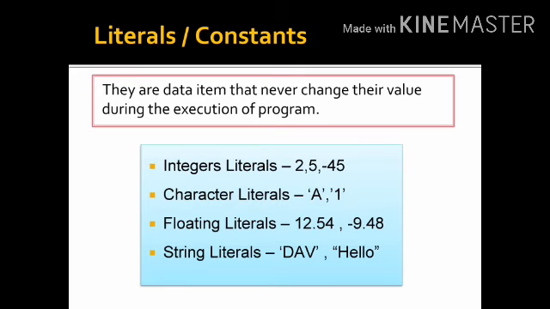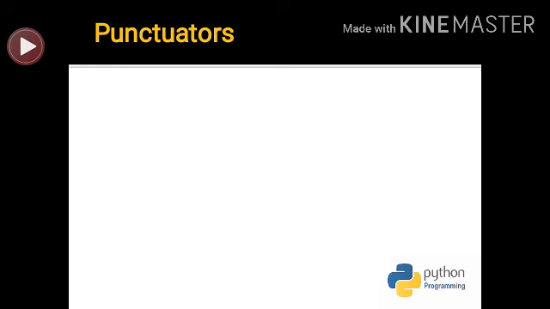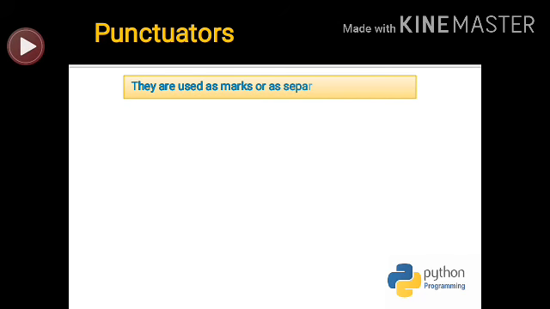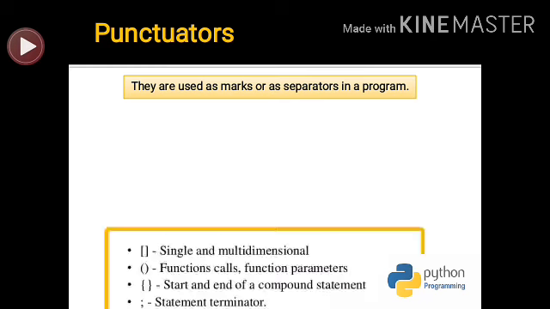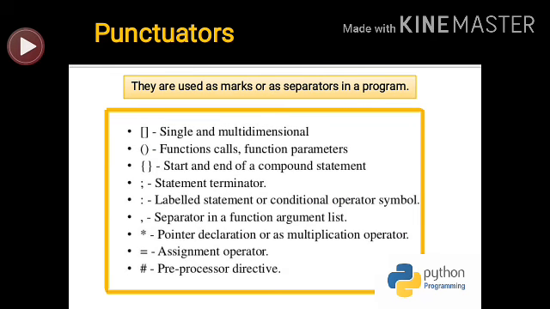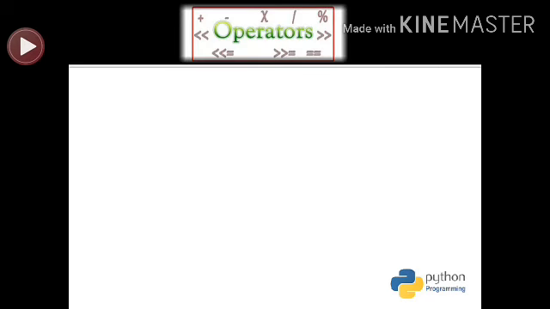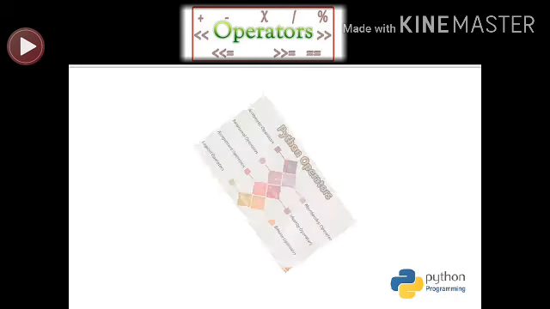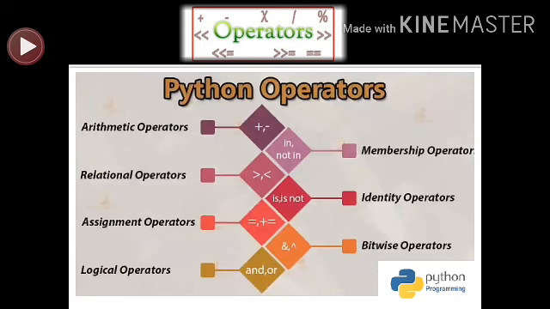Now let us see punctuators. They are used as marks or separators in a program. We have 9 punctuators, each having their own importance in a program, as we can see here. Next is operators. They are tokens that are used for calculation. Operators, when applied on operands, form an expression.